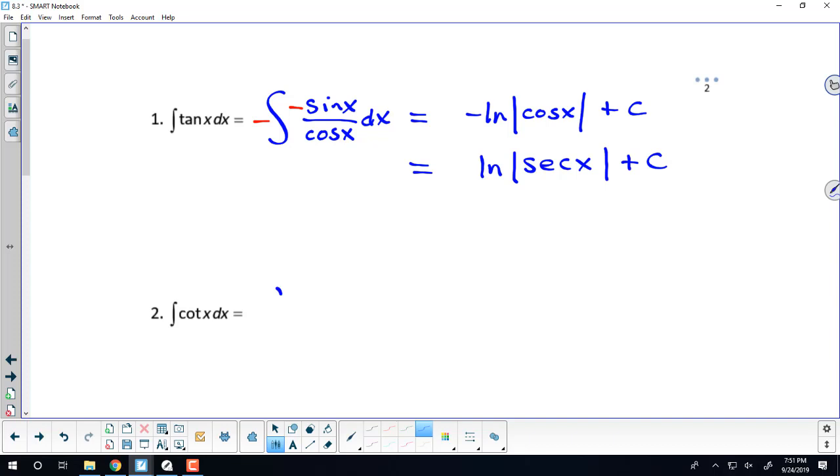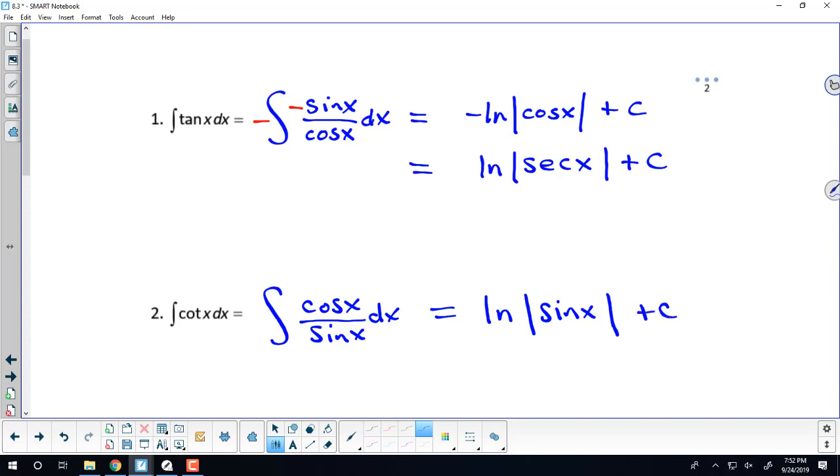Cotangent was a little bit more straightforward because that was cosine over sine. And that was already in log form. There's nothing we had to do. Or it's just a straight u substitution.